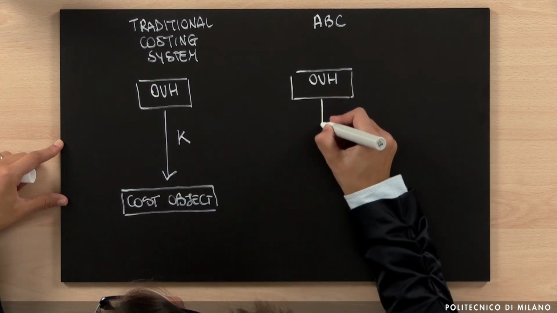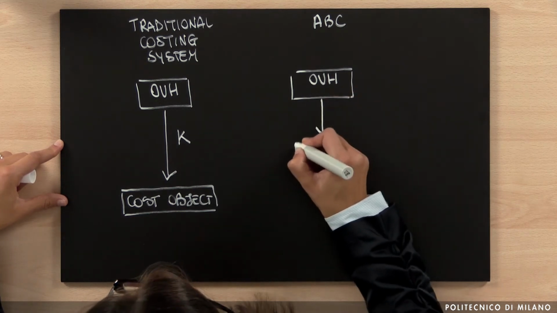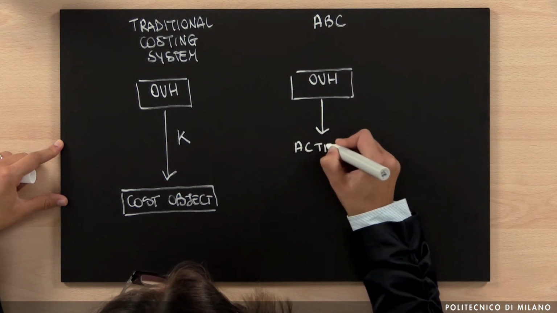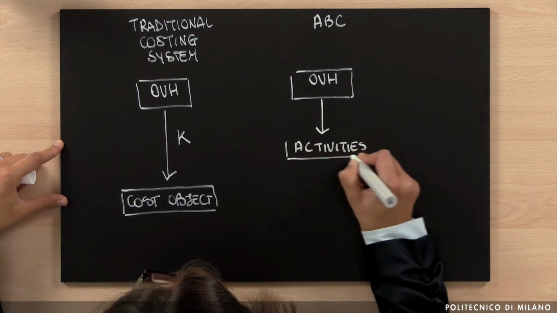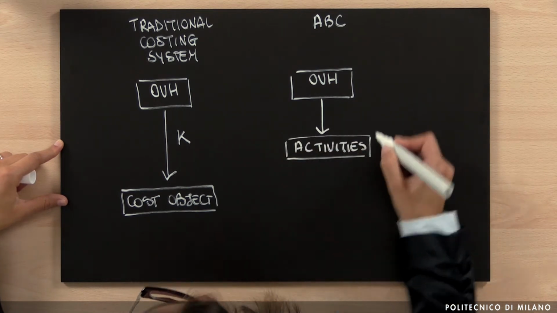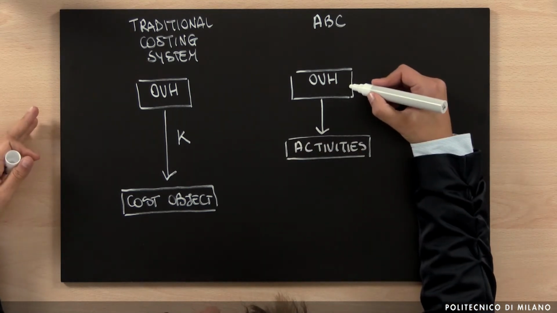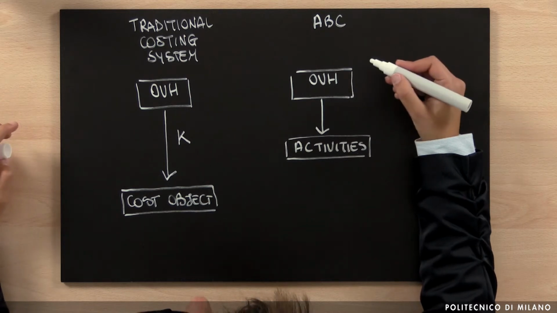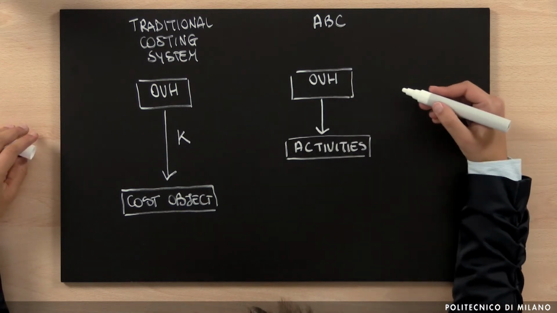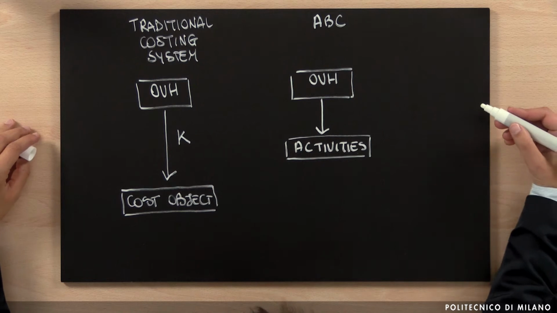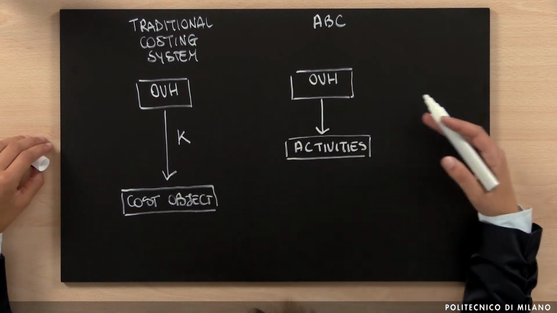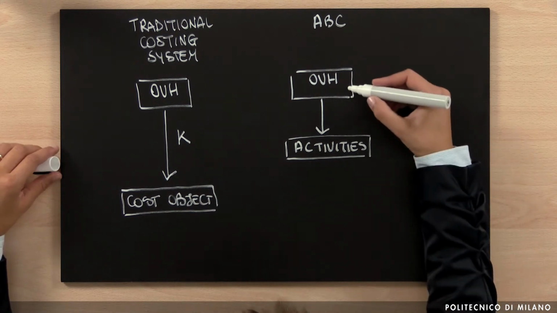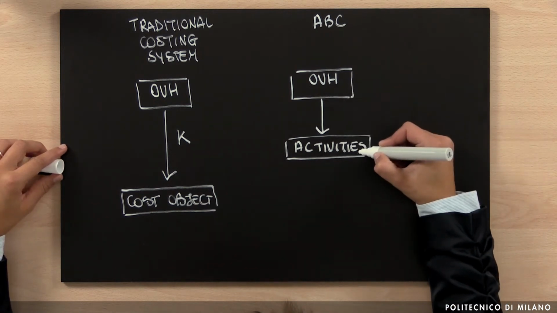So the value of the resources is assigned to activities for which our resource is used. For example, if we have a machine, we try to identify which are the activities for which we are using a machine. If we have a supervisor, we try to understand which are the activities that are carried out by the supervisor.